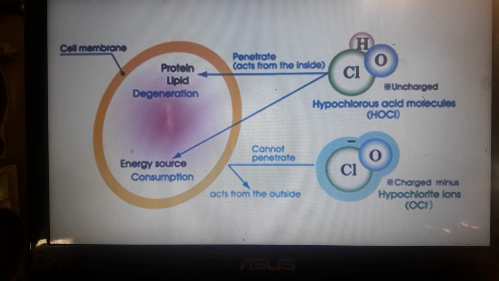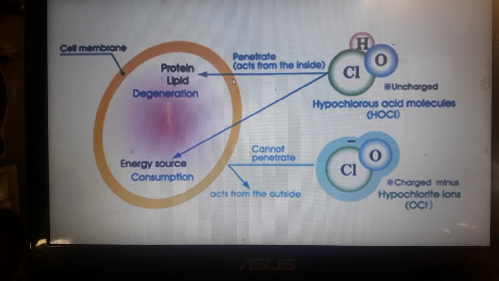While this one is uncharged, it has a tendency to penetrate both the hydrophobic and hydrophilic phase of the cell membrane, because it is considered uncharged. It is uncharged because of the presence of the hydrogen ion bonded with the chlorine oxygen. But the negative one can interact with the ions found on the surface of the cell membrane.